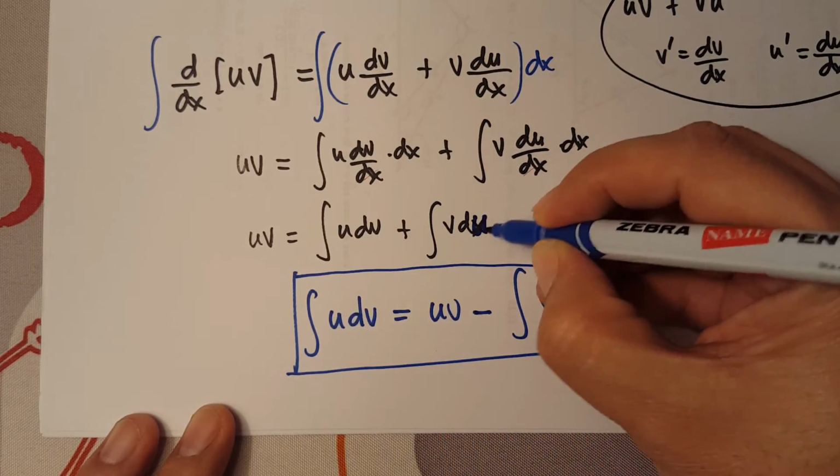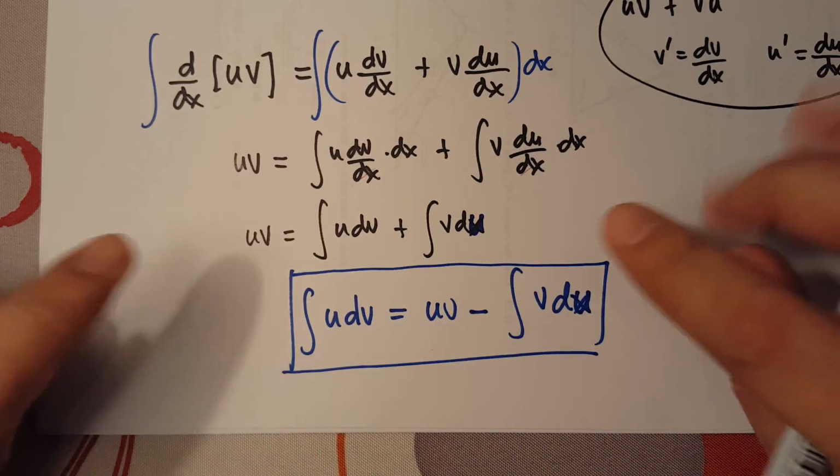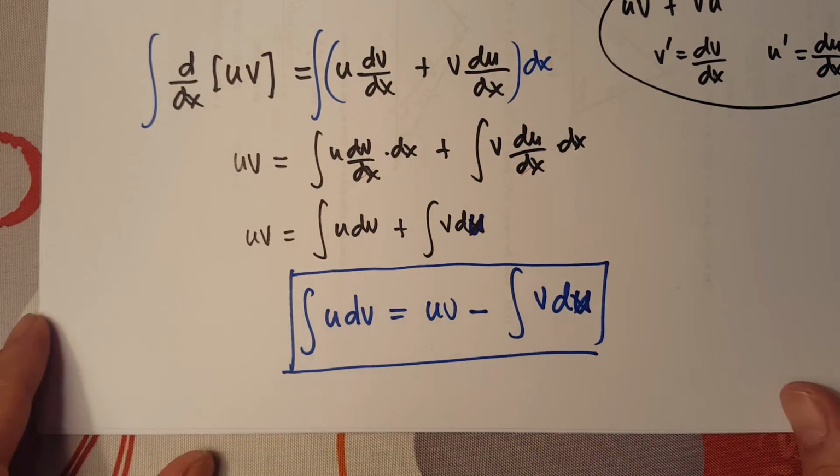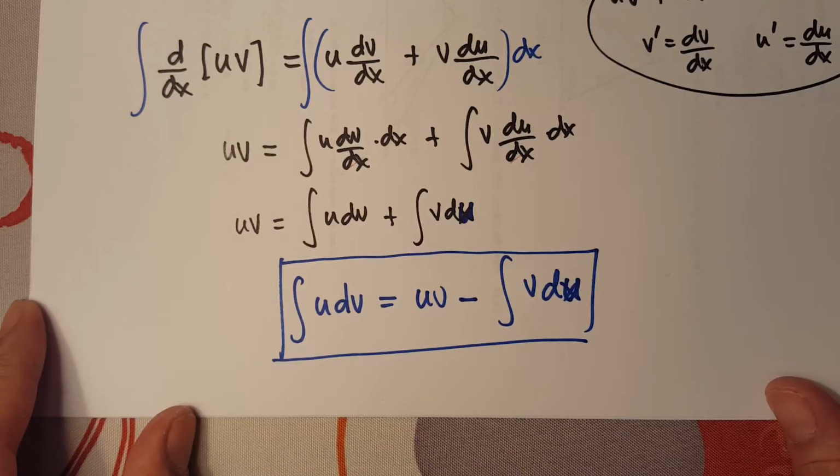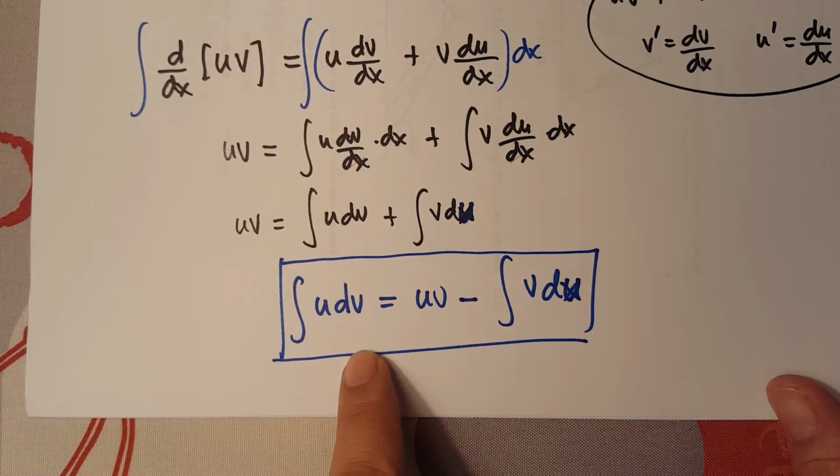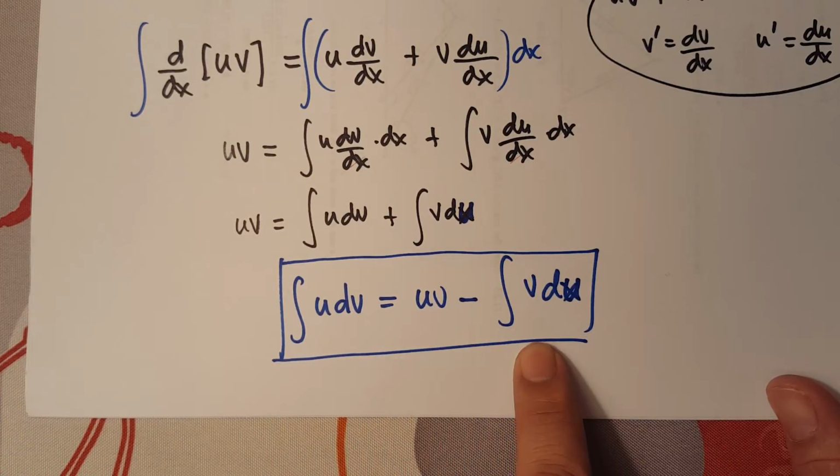So how do you get from this equation to this equation? That's simply a matter of rewriting the equation, solving for the integral of u dv.